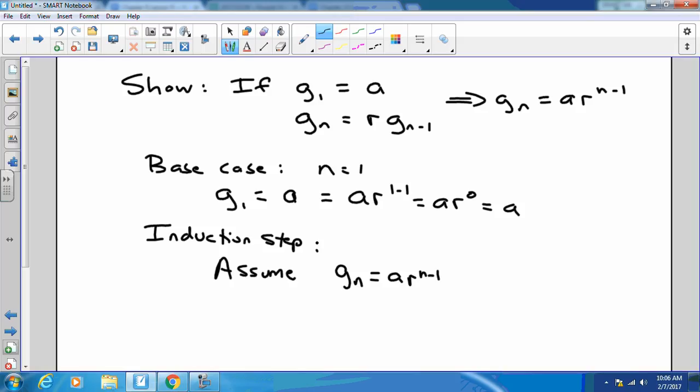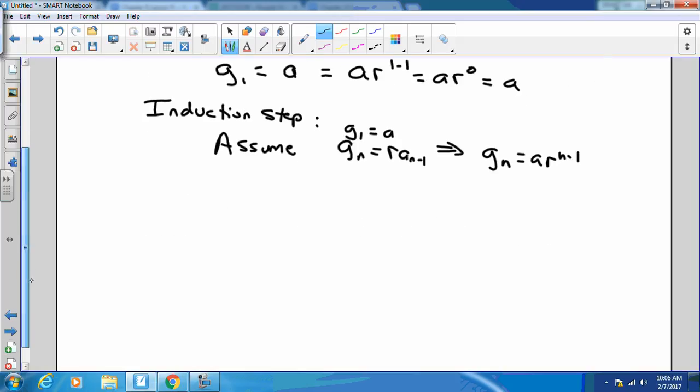So really what I'm assuming is, if this stuff is true, then this is true. But the important part of this is the conclusion that we have right here. So that is P of n.